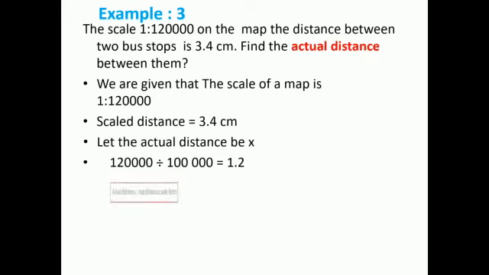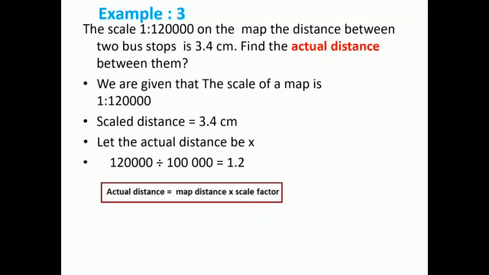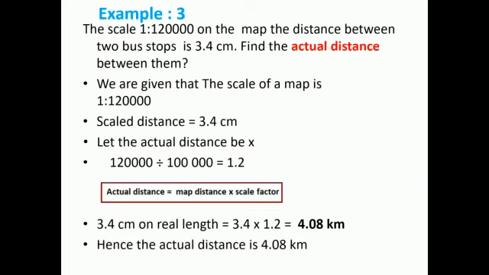Then you have to multiply. Write the formula, map distance multiplied by scale factor. Give the values, you will get 4.08 kilometer. So that is the actual distance between the two bus stops, 4.08 kilometer.